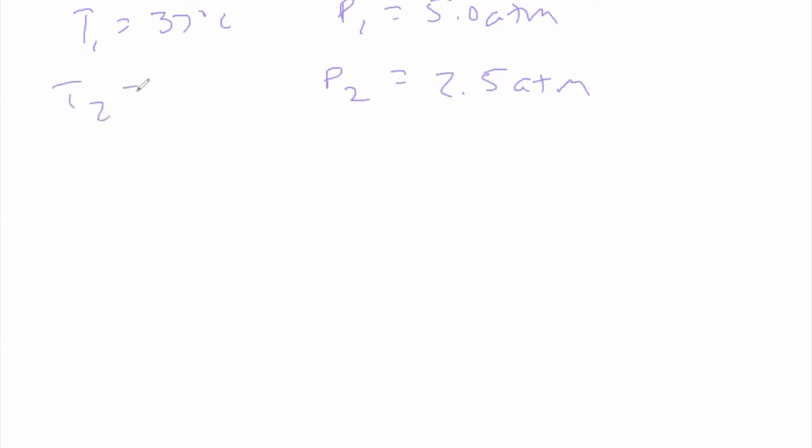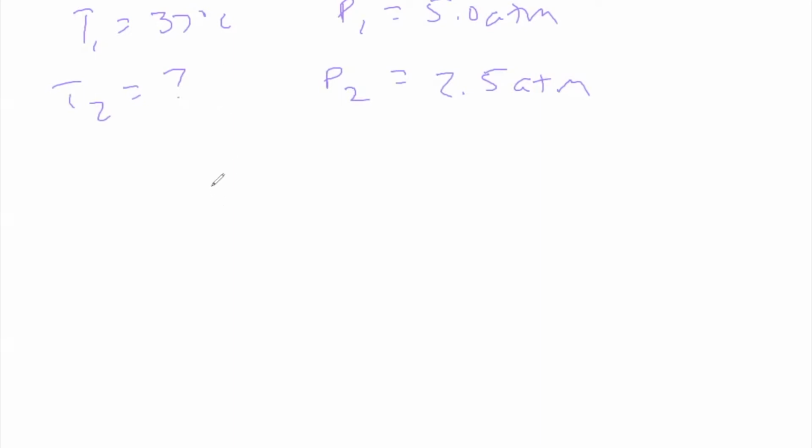So for 36B, it says you have T1 is 37 degrees Celsius, P1, 5 atmospheres, P2, 2.5 atmospheres. They're asking to find T2. So we would need to use the equation that has all the things that we need.